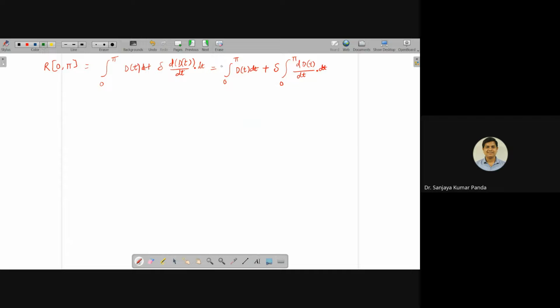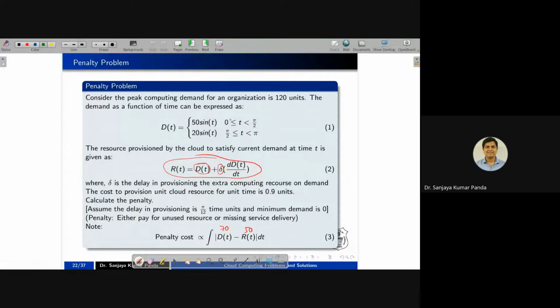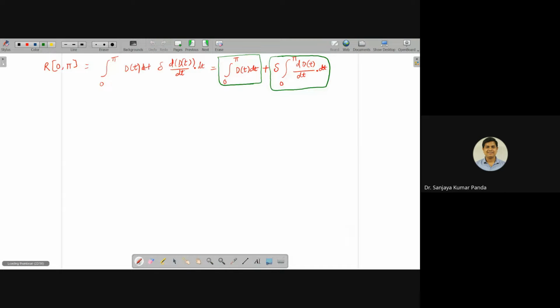The first part is the demand. The second part shows my delta and the integration followed by derivative. However, our limits are given in the range of 0 to pi by 2 or pi by 2 to pi, so I have to split. Let us solve part 1 followed by part 2.